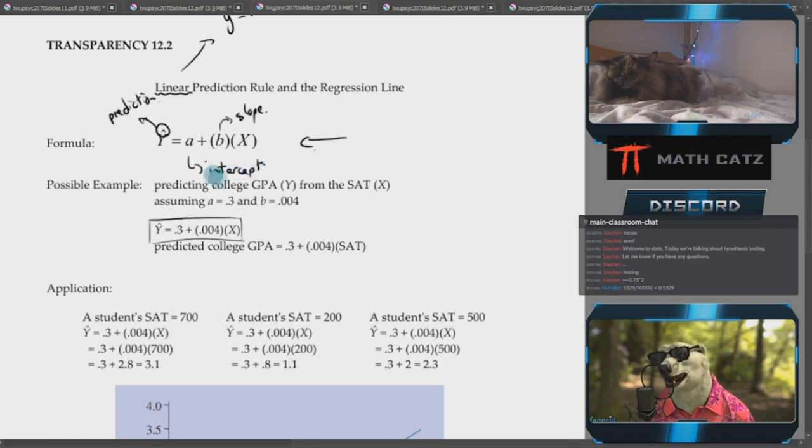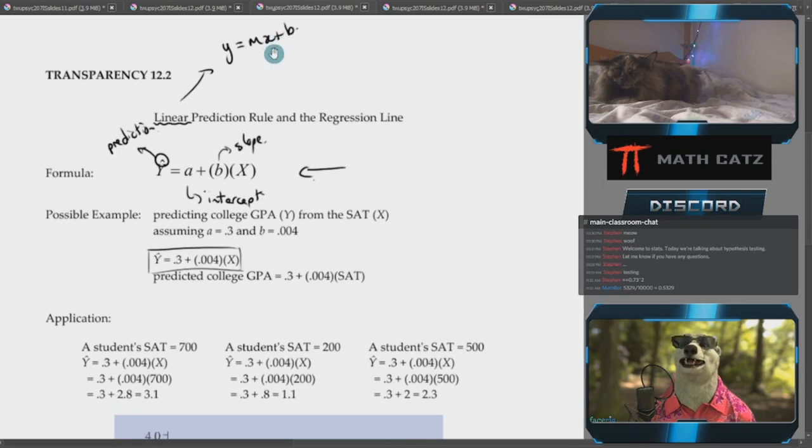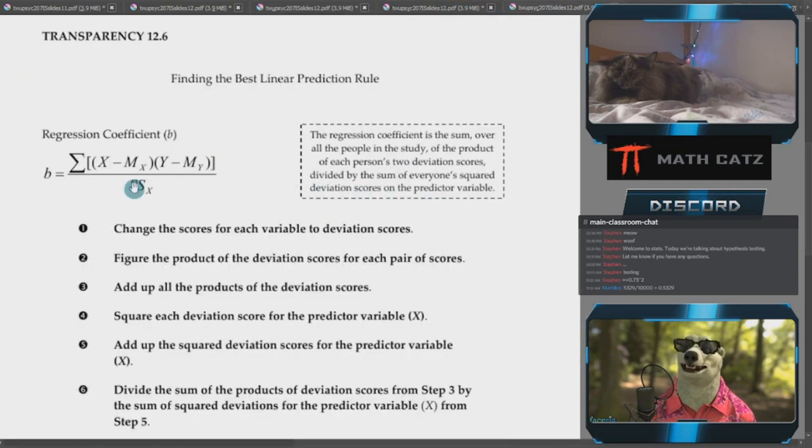Intercept. Now the slope is much more important, but I have what we call here in pre-calculus slope-intercept form of a linear function or equation. So we need to calculate the b and the a. We calculate the b first this way. We call that the regression coefficient.